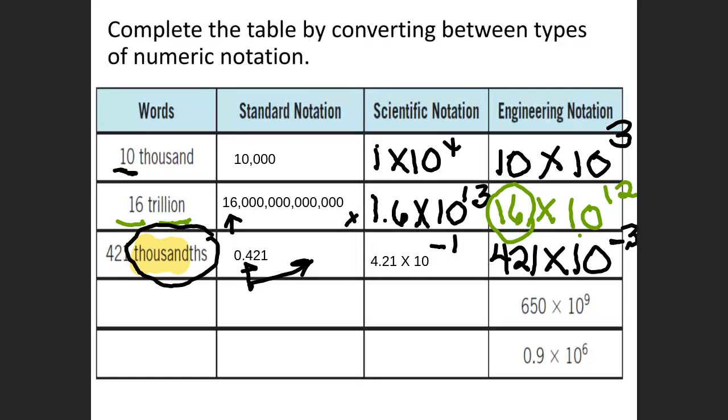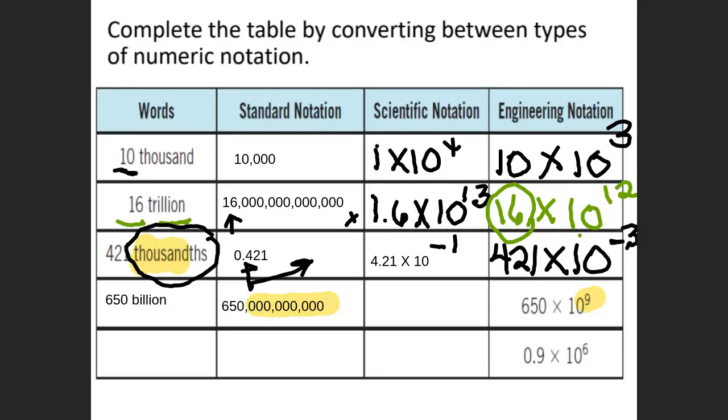That's the word. 650 billion. My number is 650. 1, 2, 3. It's 1,000, million, billion. See these zeros? That's where the 9 comes from.